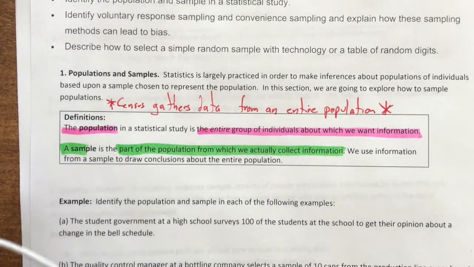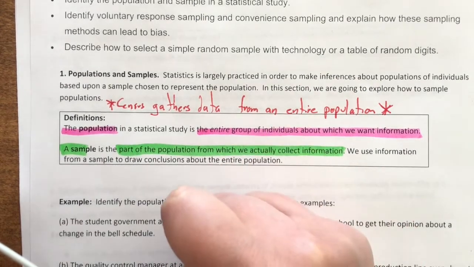All right, so let's take a look at the first example. Identify the population and sample in each of the following examples. The student government at a high school surveys 100 of the students at the school to get their opinion about a change in the bell schedule. What is the population? Who is it that we want to find information about? The population in this case is all students at the high school.